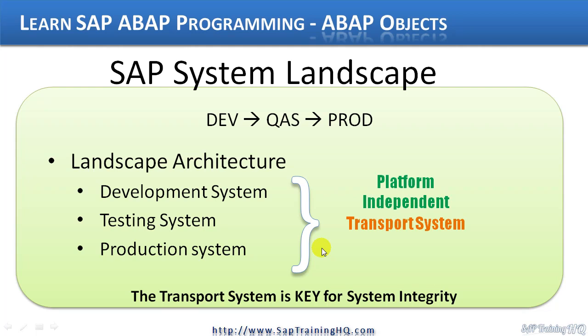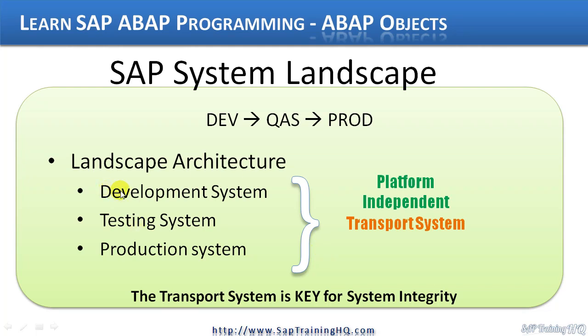And usually a transport is locked to developers, so only developers can include objects that belong to the specific project they are working on, whether it's a program and a database table and so on. They get locked in a transport, and once we're ready to move them on to the next system, we release the transport, and our basis team would then typically move it to the next system in our landscape.